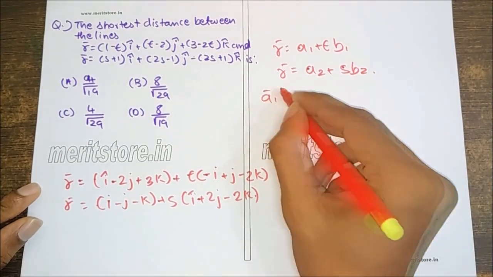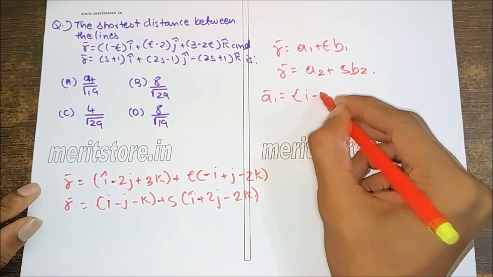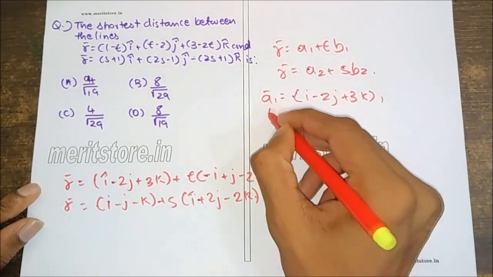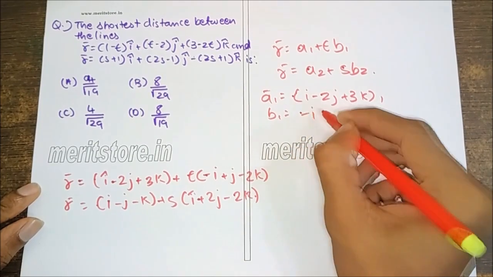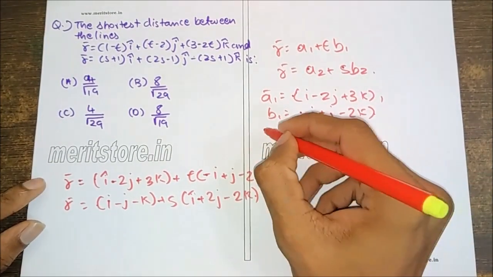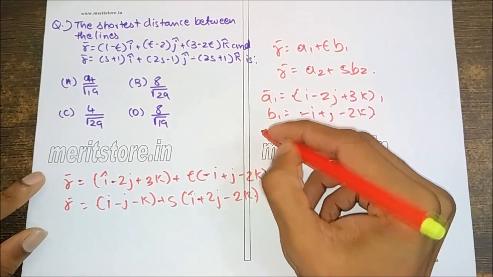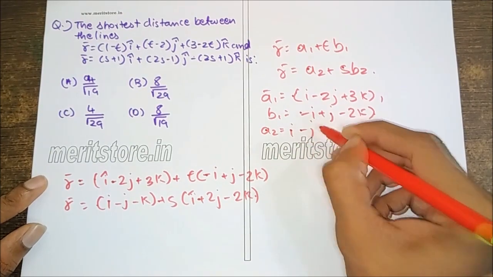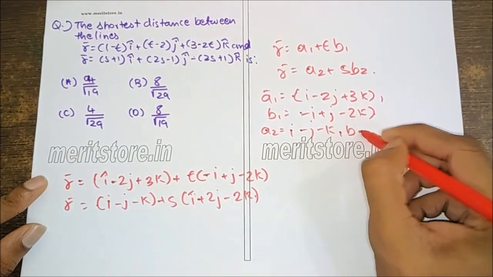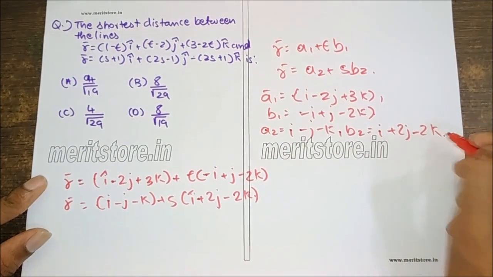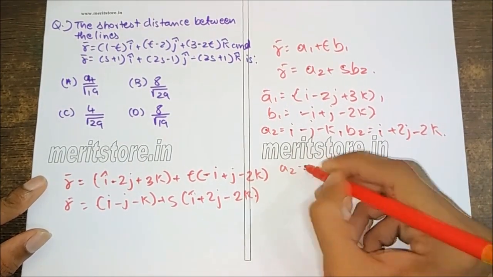We get a1 is equal to i minus 2j plus 3k. b1 is equal to minus i plus j minus 2k. a2 is equal to i minus j minus k. b2 is equal to i plus 2j minus 2k.